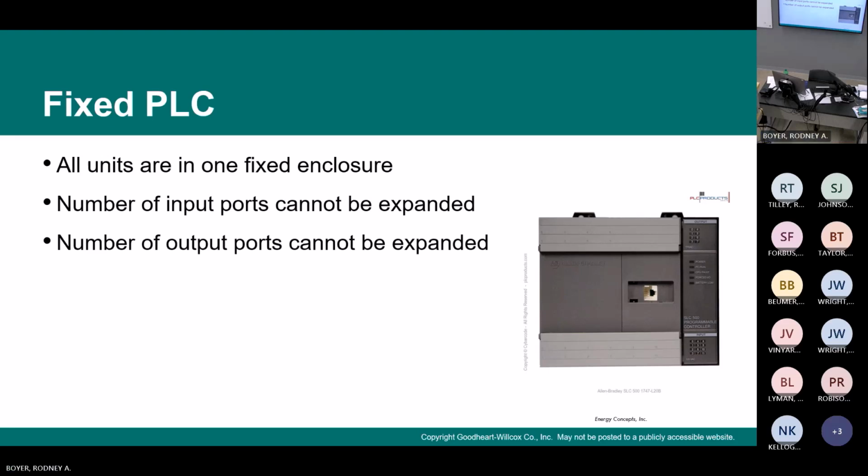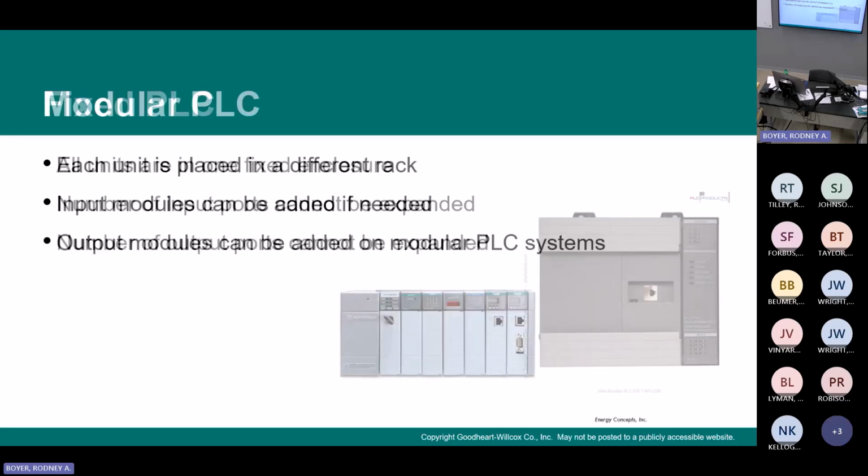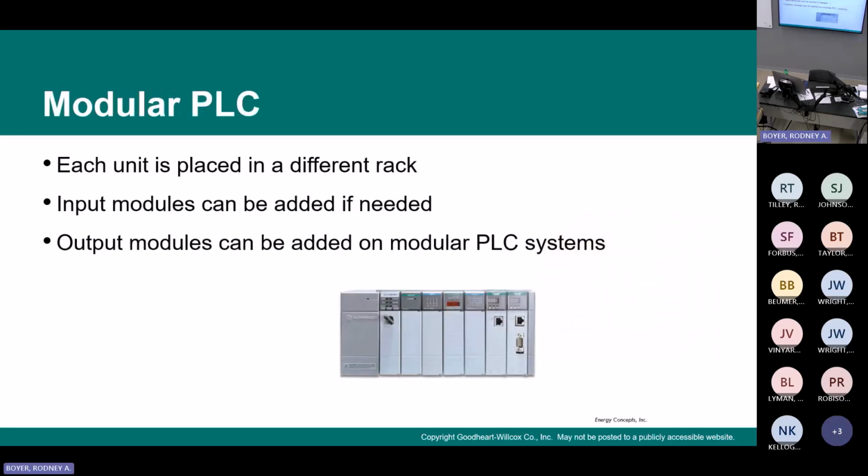These and those over there are modular. What inputs and outputs you have is dependent on what types of cards you have in either the rack, which those over there are a rack-based system.